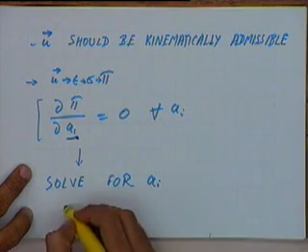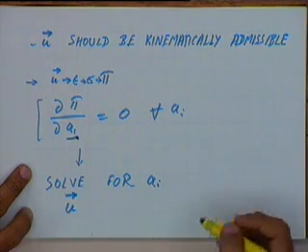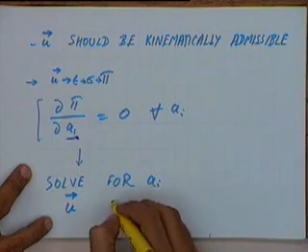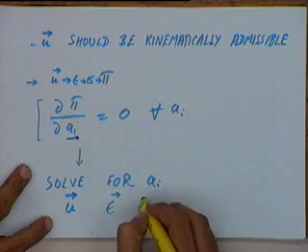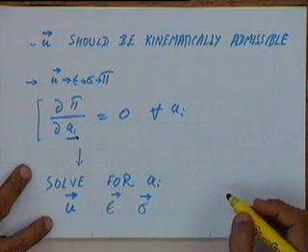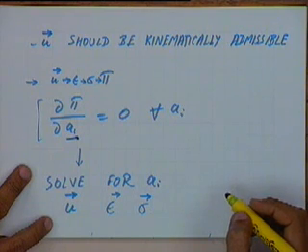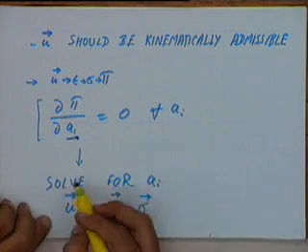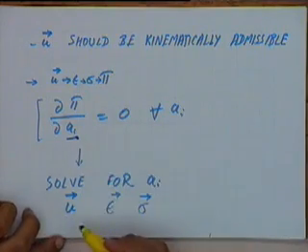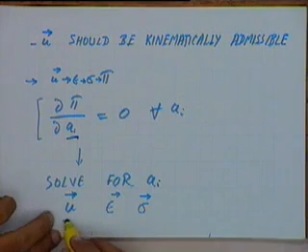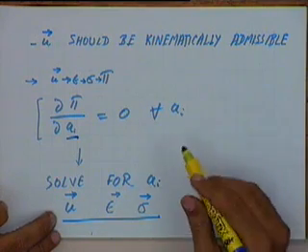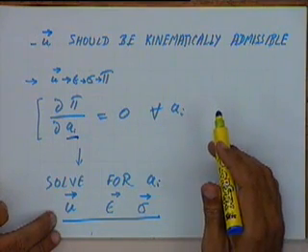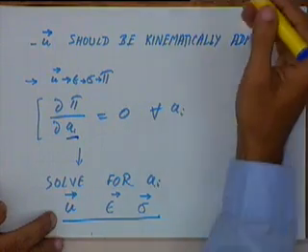Once we solve for ai, then we can get the u vector. Once we know u, we can also get epsilon and we can get sigma. So in this way we will be able to find out the stresses and the strains in the body. We have started with an assumption about the deformation field.